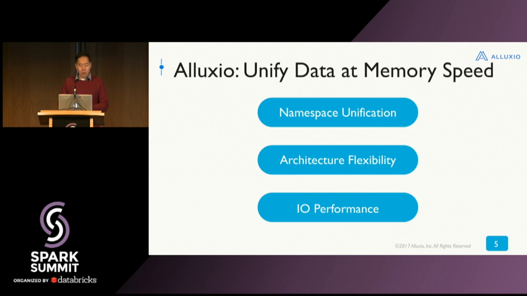And also, Alluxio can provide increased I/O performance. And so Alluxio has something called tiered storage, which can manage data at different storage mediums, such as hard drives, SSDs, and memory. And so since Alluxio can store data in memory, it can really increase the I/O performance for applications.